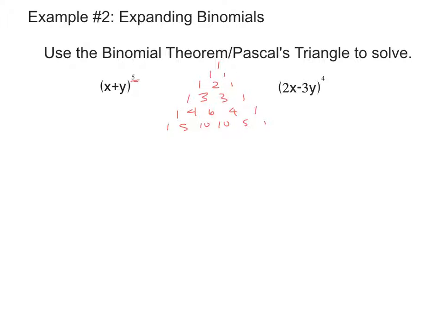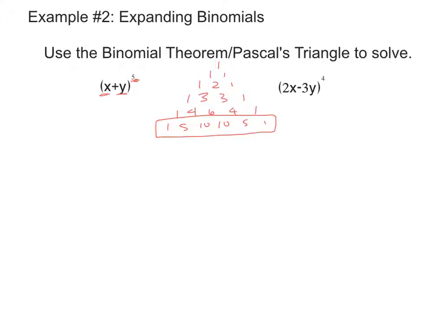So that's the 1, 2, 3, 4. This is the fifth row because remember we don't count the very top one. And so these will be the coefficients of our numbers. And remember the first term will be the actual power, and then this y will be the lowest power, so the lowest would be 0.